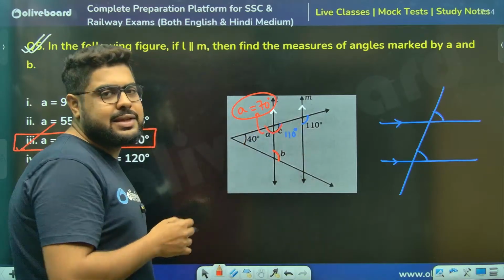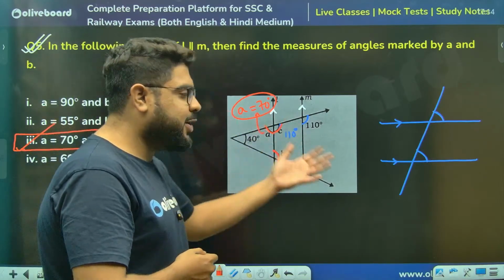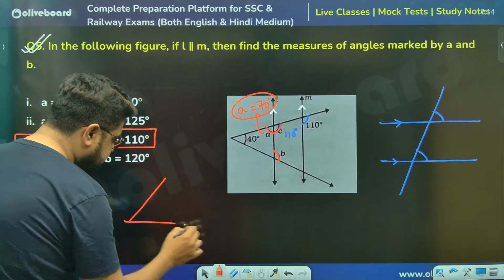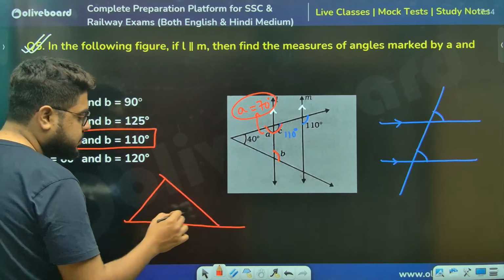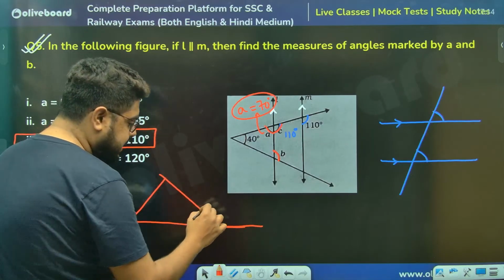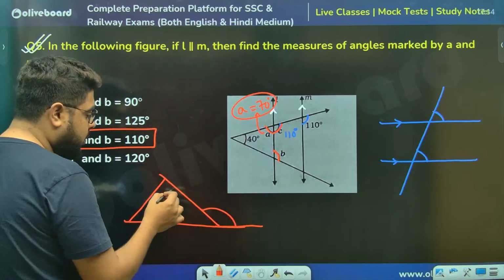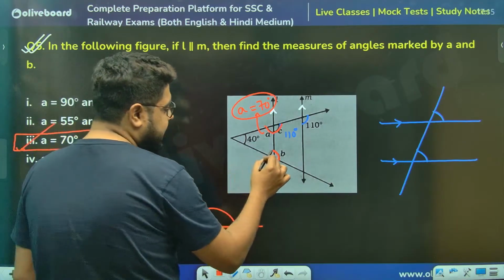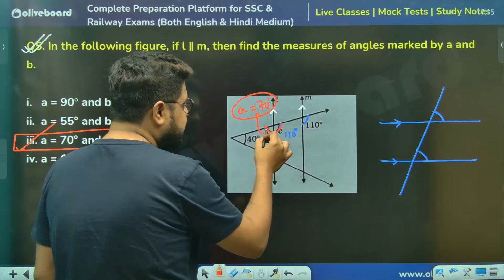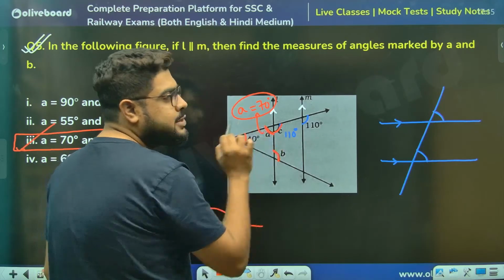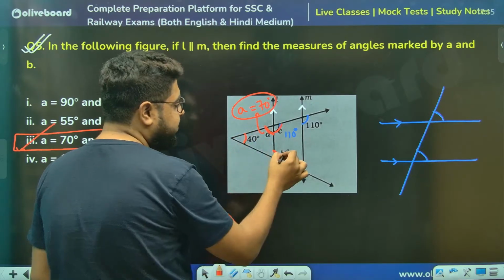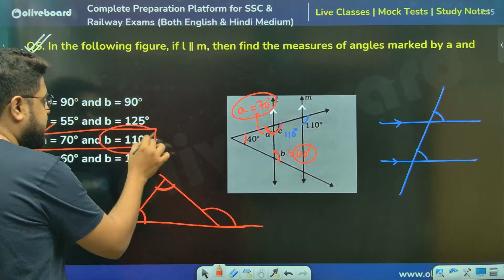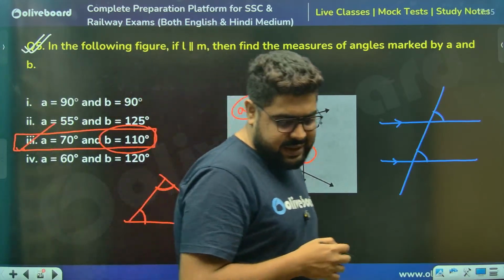We have not done that much, but just for the question's sake, if there is a triangle like this one and you extend one of the sides, this external angle is always equal to the sum of the opposite two internal angles. So this angle will be equal to this angle plus this angle, so 70 plus 40, this has to be 110 degrees. And you see that always matches. This is already matching. Clear, sir?